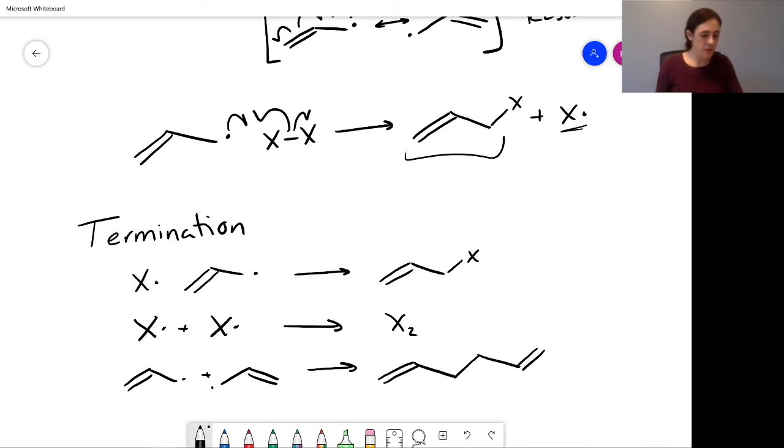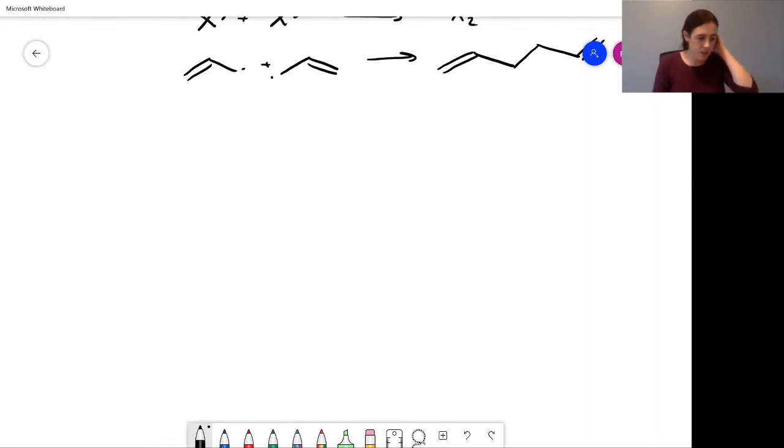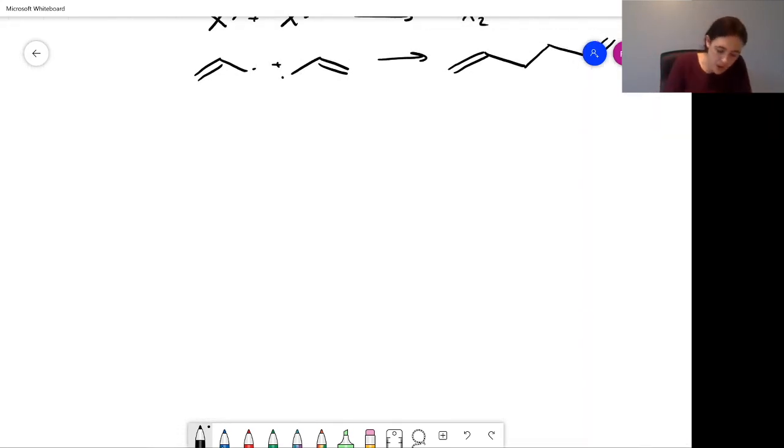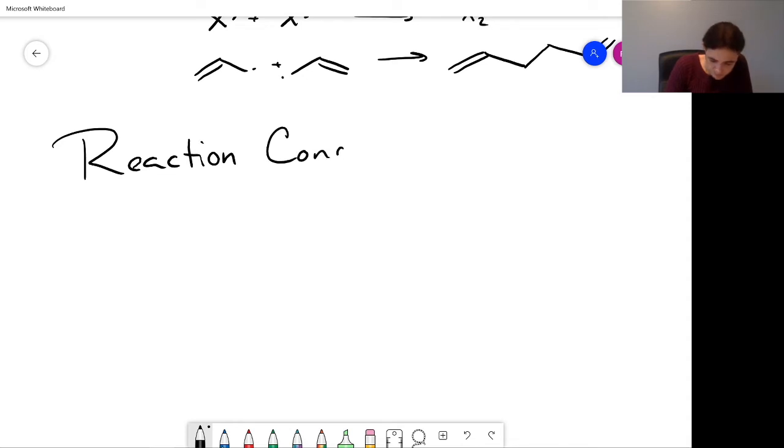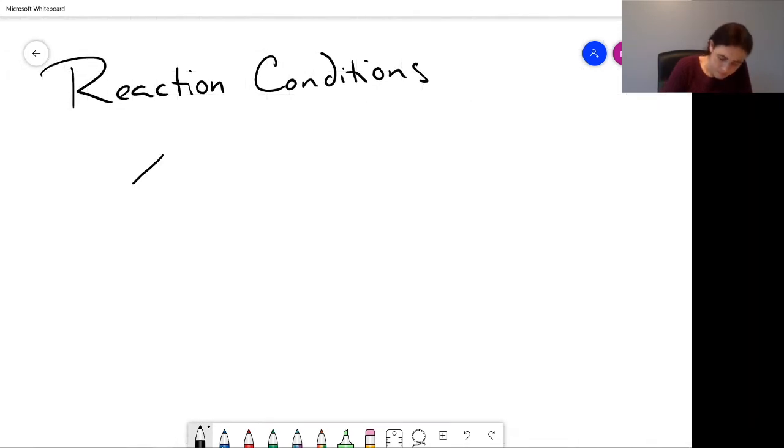So now let's look at the conditions for this. There are some specific things that we have to consider when looking at allylic radicals and radical reactions occurring in the presence of double bonds, and this is true for all halogens.